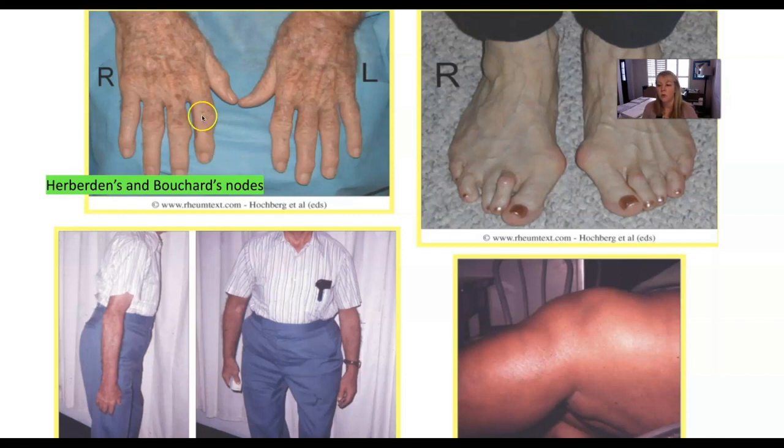Bouchard's nodes are the proximal, so they're the PIPs. You see how they're swollen there. And the Heberden's nodes are the distal, the DIPs. So make sure you know the difference between Heberden's and Bouchard's and where they are. And these are related to osteoarthritis only.